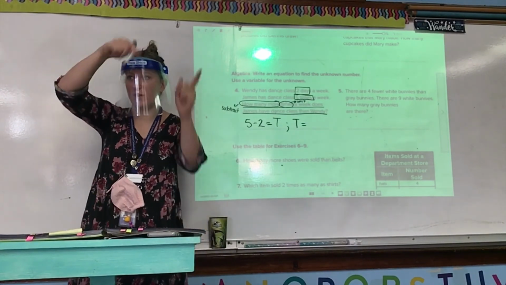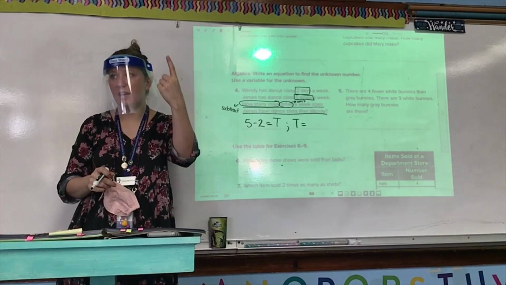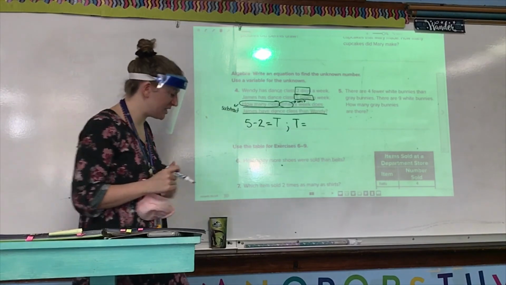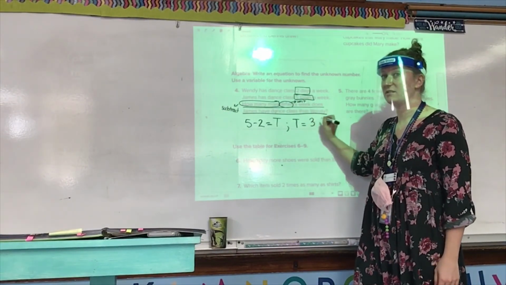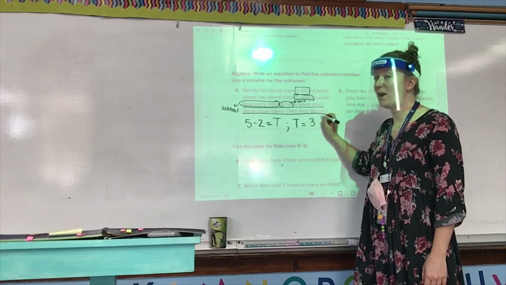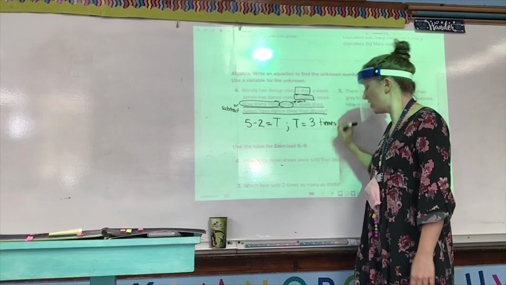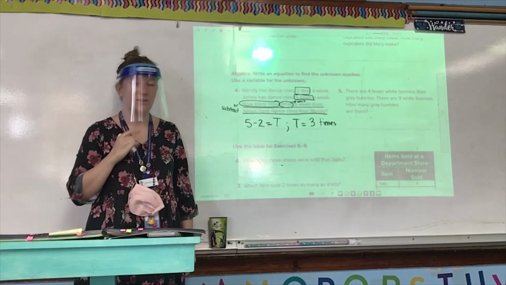Do we have to do that whole equation with the carrots and bringing down and everything? We only have one step, right? So 5 minus 2 equals t. That means t equals 3 what? 3 times. If you haven't noticed, you are losing points for not doing units on homework.